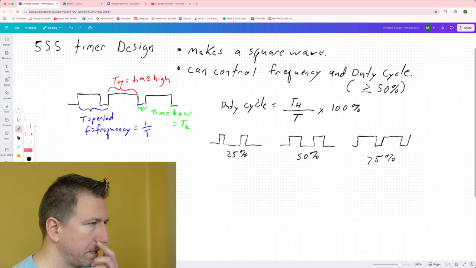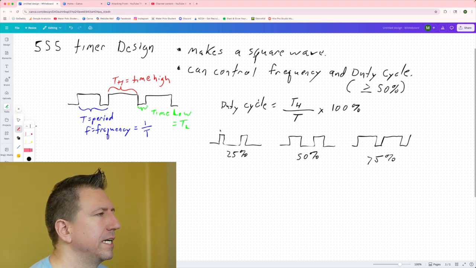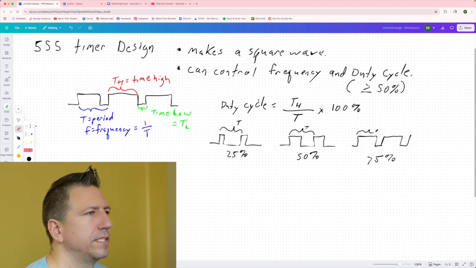All three of these have the same period. So if I look at the period of these, they're all the same. The only difference is how much of that period is high and how much is low. So all these have the same period and thus the same frequency.